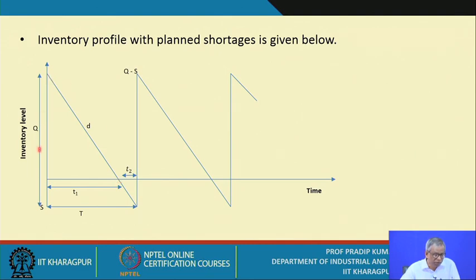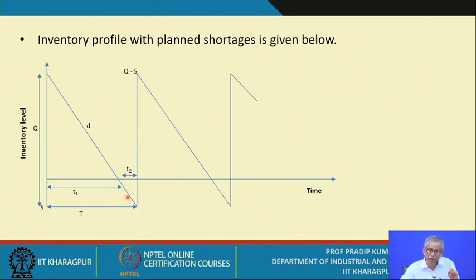During this period you have a positive stock. That means this time period is T1, when the units are available, there is no shortage. But then beyond T1, there is a demand, and you are holding it, it's a back ordering situation.